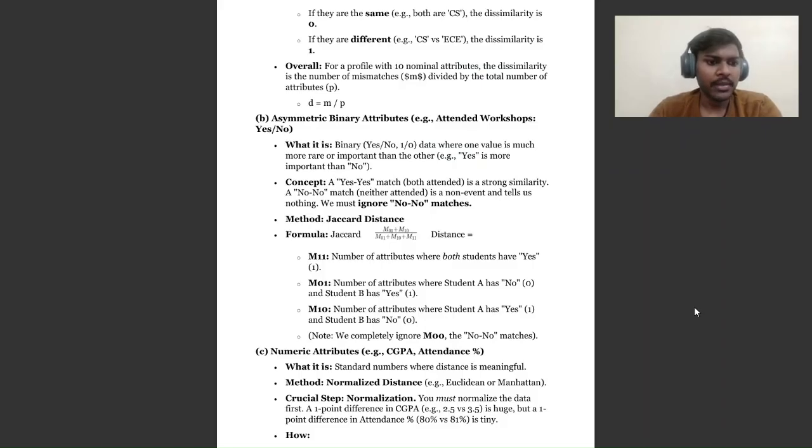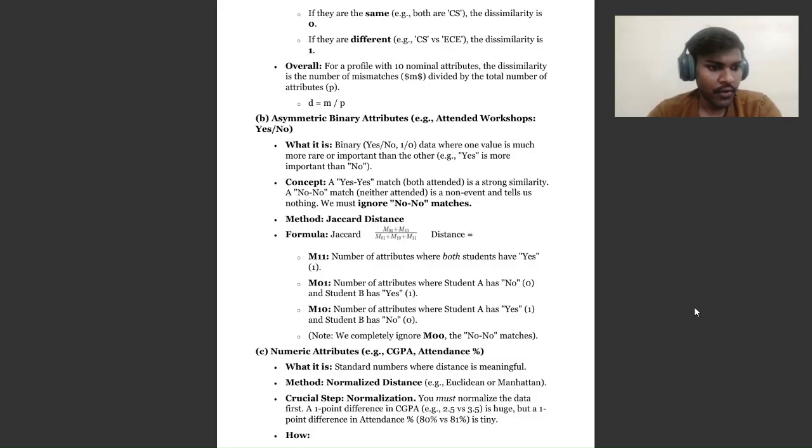Second, asymmetric binary attributes. These are yes or no variables where yes is more meaningful than no. For example, attending a workshop. Here we use the Jaccard distance, which only considers positions where at least one student has a yes.